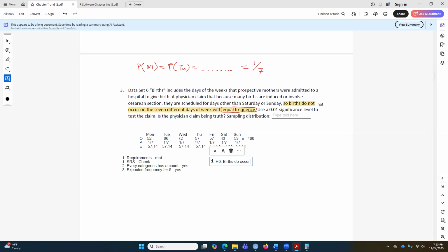Births do occur on the 7 different days of the week with equal frequency. Now, the alternative, again, because you write a lot here, you can use the ditto sign, and then you just put the words do not occur, and then the ditto sign, okay?